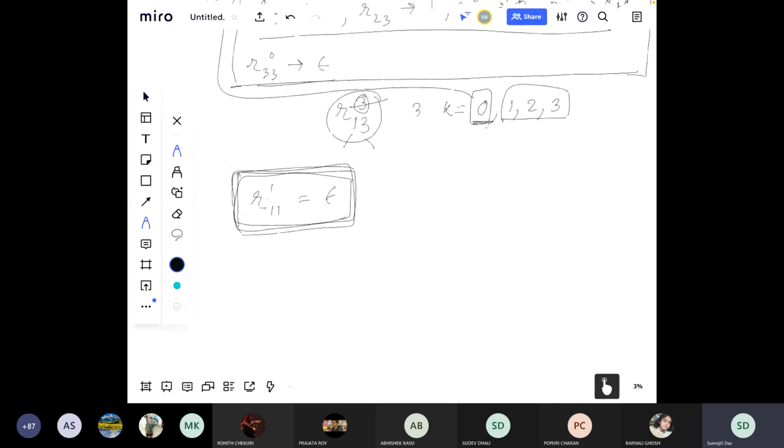So R111, how to put it in the formula? RIJK is nothing but, I gave the formula, right? So what is that formula? It is RIJK minus 1 plus RIK minus 1. You start at I, you go to K, but only through K minus 1 states.